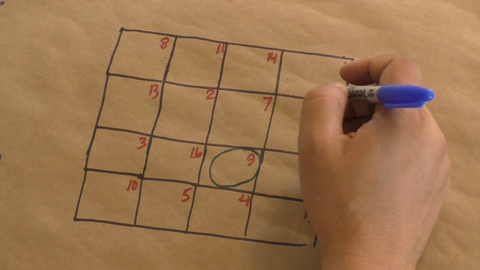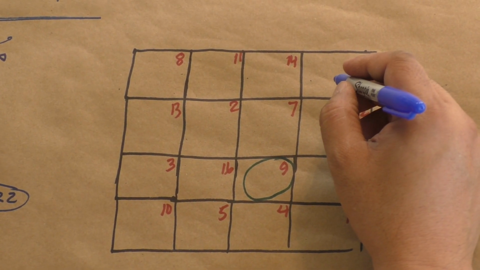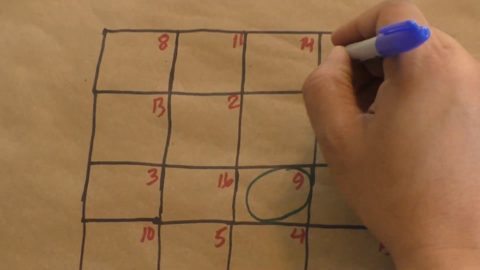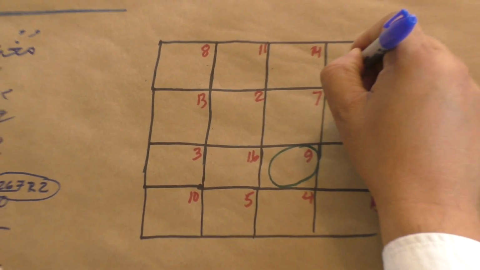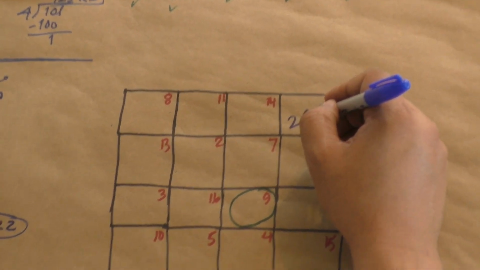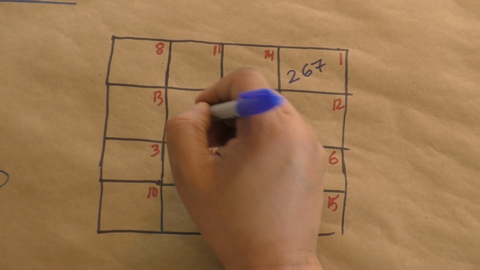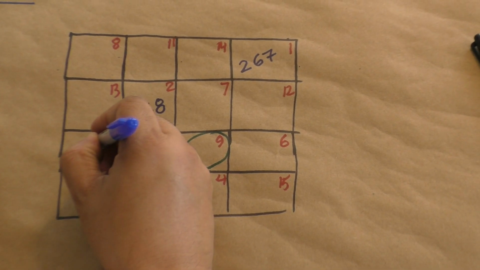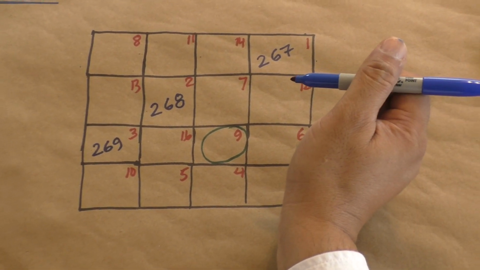in this first cell. When you have these 3-digit numbers, it's sometimes hard to fit them in, so I write diagonally. So we have 267. Then we would have 268, 269. Where's 4?